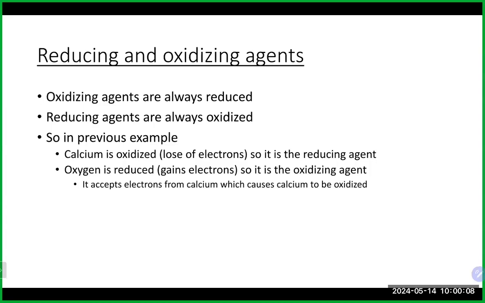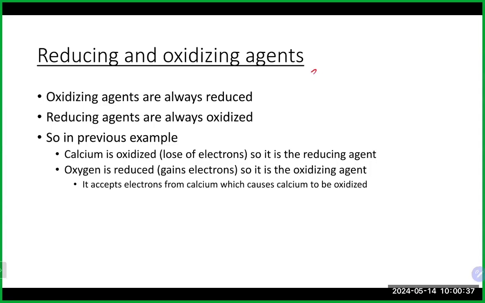Same thing with the reducing agent is oxidized. When that thing gets oxidized, somebody's got to collect those electrons that it lost, and whatever collects those electrons that get lost there will then get reduced. So that is, again, a different sort of question than what is being oxidized or what is being reduced. When you're asked about the oxidizing agent or the reducing agent, again, that is a different sort of situation.